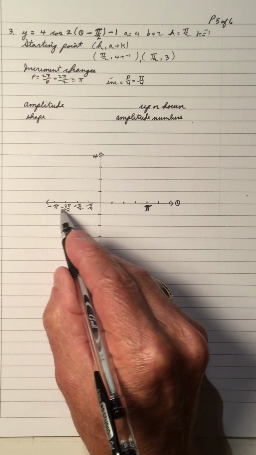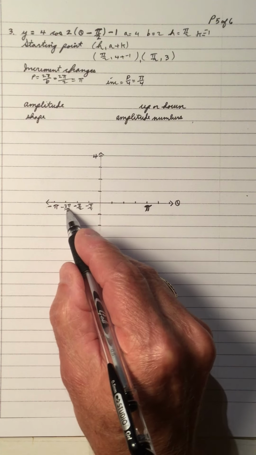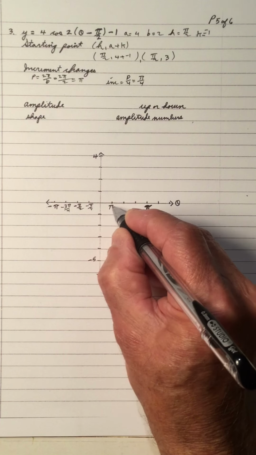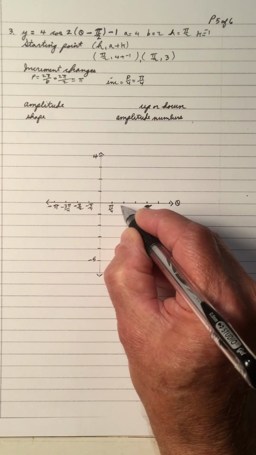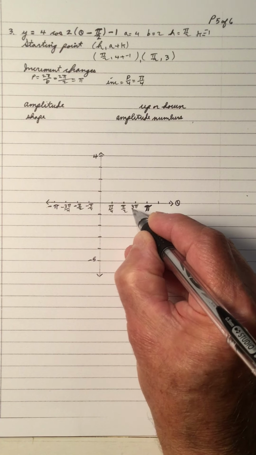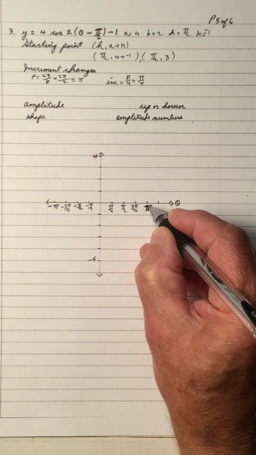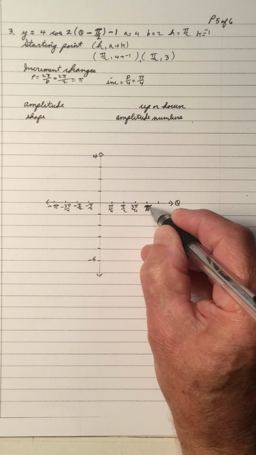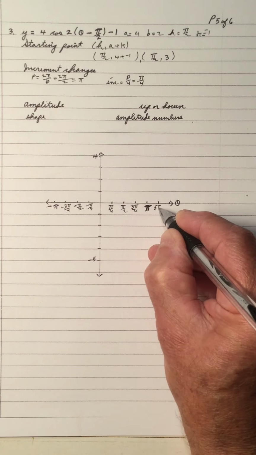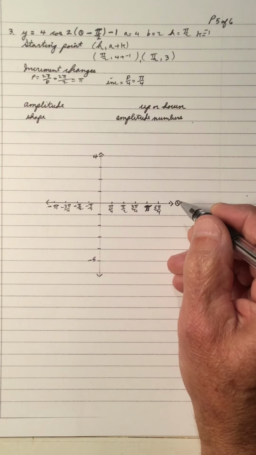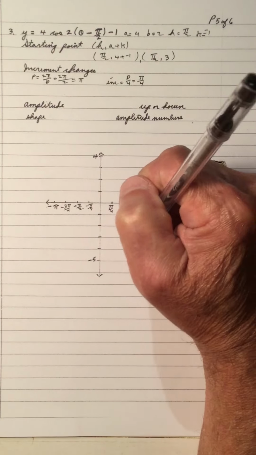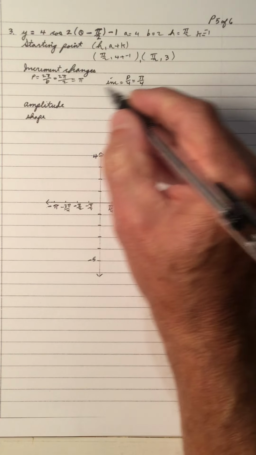So 180, 90, 45, and that's 135. So the increment changes are pi over 4. 2 pi over 4 is pi over 2. 3 pi over 4. And 4 pi over 4 is pi. And this one right here is 5 pi over 4.